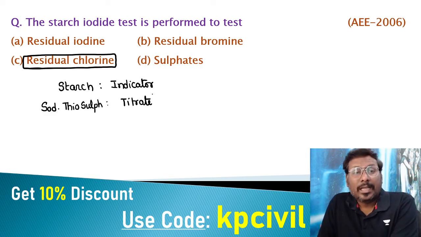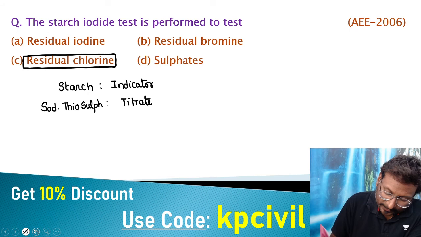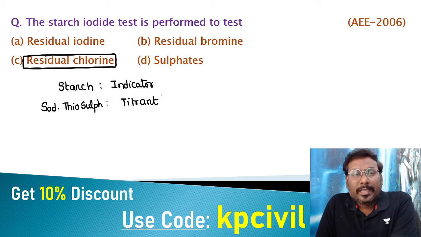So starch and sodium thiosulfate, indicator and titrant, so that they can find the concentration of residual chlorine.